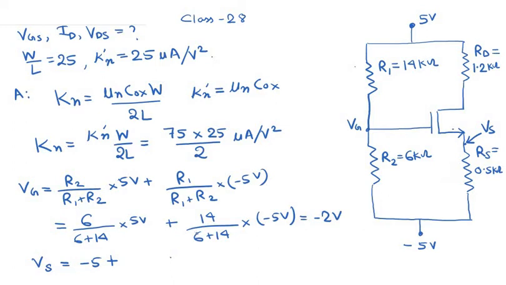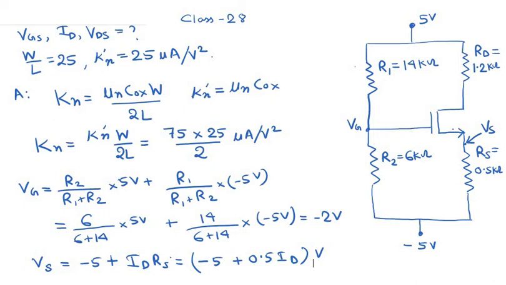The voltage drop across Rs is basically Id times Rs, and Rs is equal to 0.5 kilo ohm. So minus 5 plus 0.5 Id, where Id is in milliamperes, volts. Okay, so this is basically the source voltage.